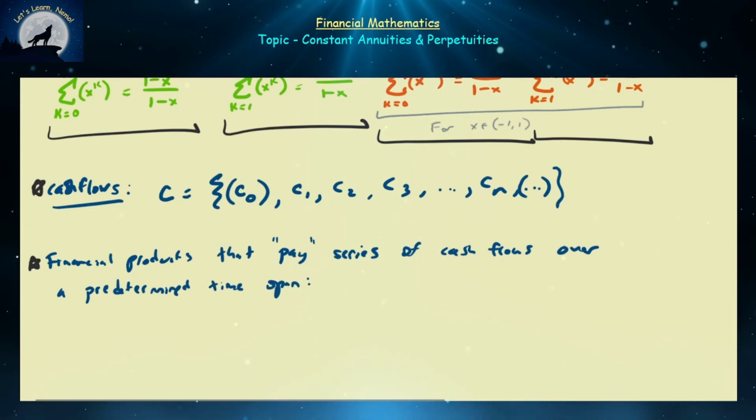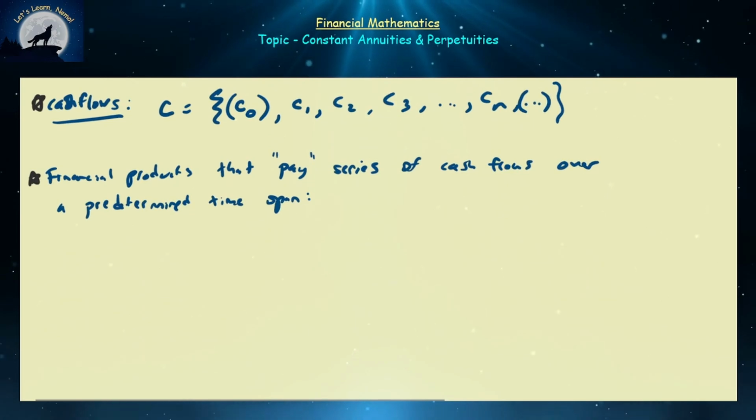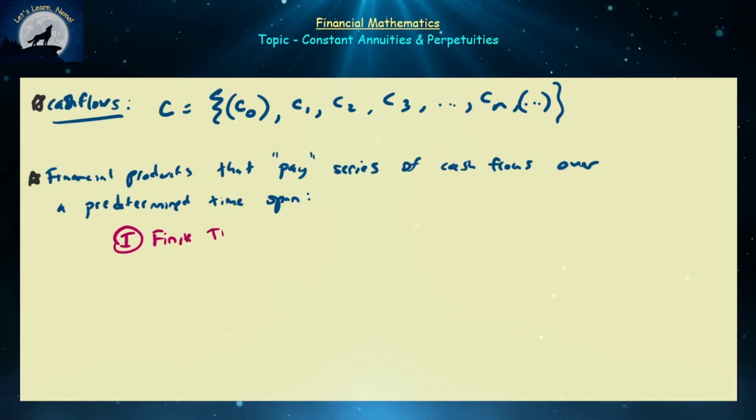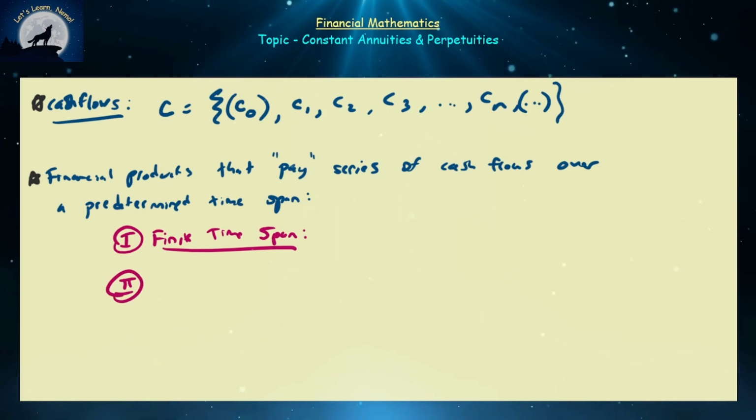And that time span could either be finite or infinite. So the first category obviously would be a finite time span. For example, for 5 years, for 7 years, for 2 weeks, and so on.